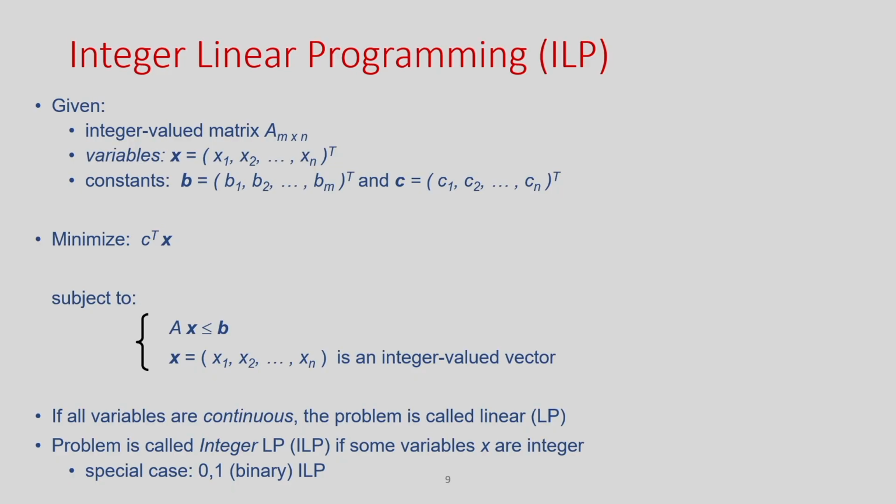So, you have a minimization objective, say x1 plus 2x2 should be minimum, right. You have two unknown variables x1 and x2, and you want to find the values of x1 and x2 such that the expression x1 plus 2x2 is minimum. Okay. So, this is your optimization objective.